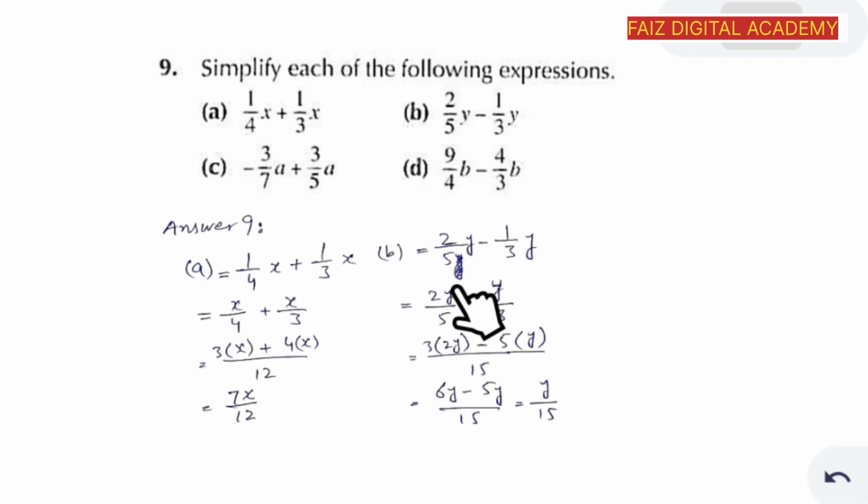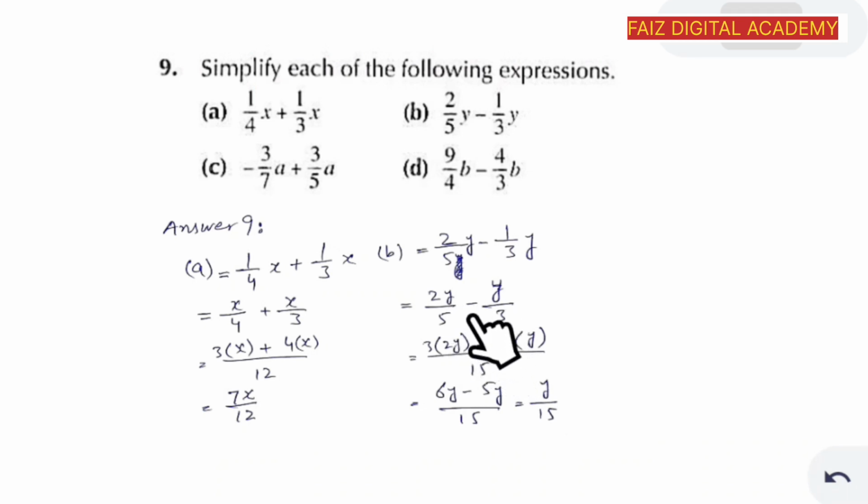Now in part B, again this 2 over 5y can be written as 2y over 5, and 1 over 3y can be written as y over 3. We take the LCM of 5 and 3, that is 15. 15 is divided by the denominator of the first fraction. 5 3s are 15, the answer is 3. 3 is multiplied with the numerator.